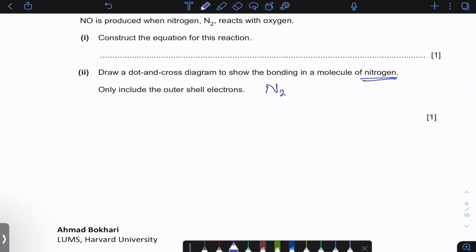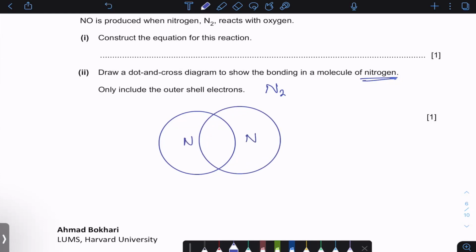Okay, so we have two atoms, so I'll just draw two shells, two circles. Okay, center में मैंने nitrogen लिख देना. Don't circle nitrogen. Just write N. That's good enough. Now, nitrogen is in group 5. That means it needs 3 more.